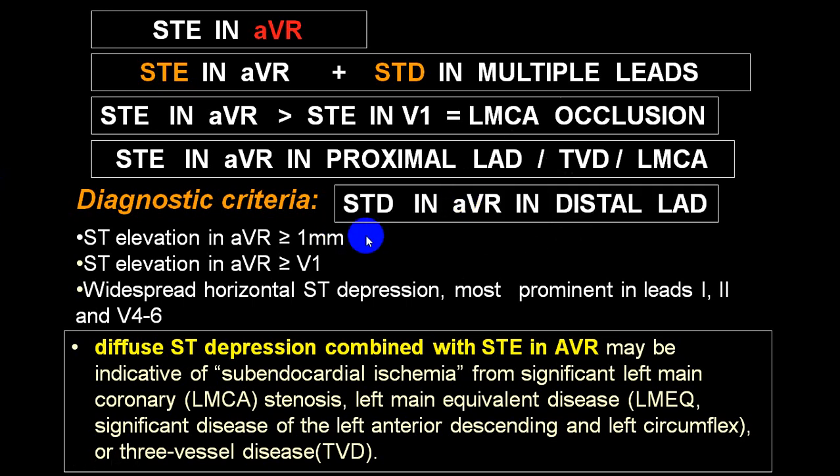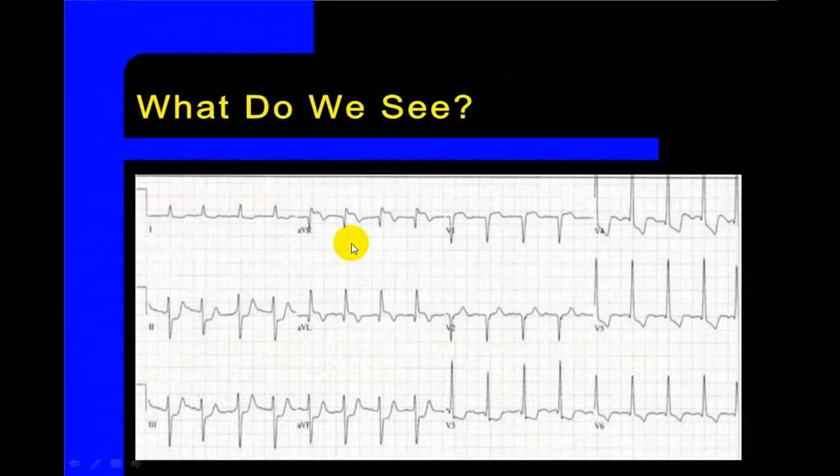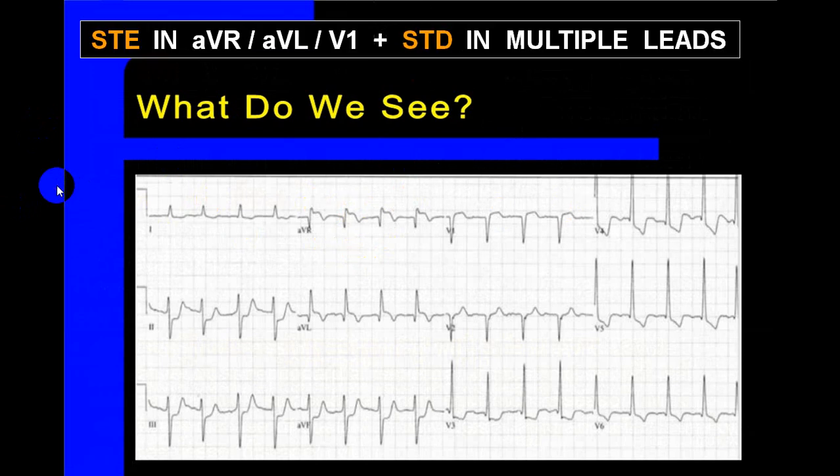And if there is an ST depression in AVR, it is a distal LAD occlusion. So here you can see I have already shown this type of an ECG before. If you see in an AVR there is an ST elevation, and whenever you see an ST elevation, do suspect LMCA or LAD occlusion, proximal LAD occlusion.